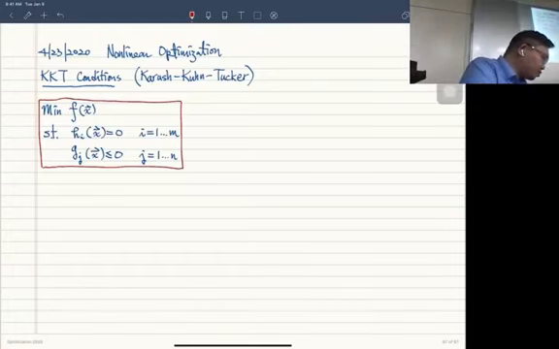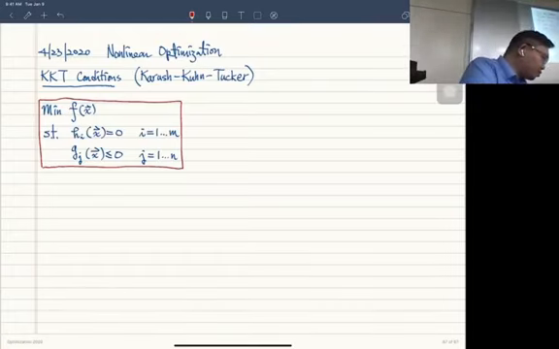Similarly, we could apply this same derivation to our equality constraint. Each one of them, the ith equality constraint, could be written as follows: h i of x k plus that movement vector d, and then the gradient of h i at x k.